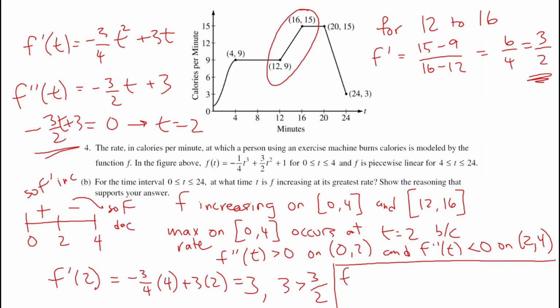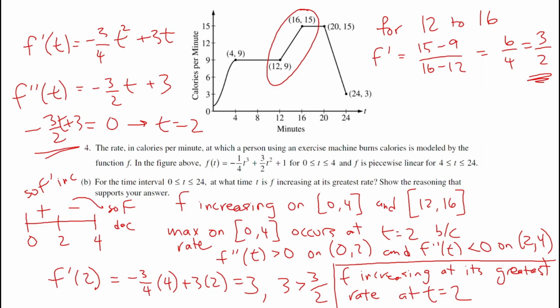We'll say this here: f is increasing at its greatest rate at t equals 2. And we got 4 points for this.